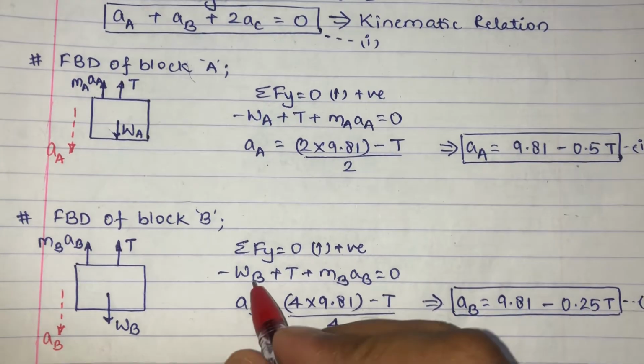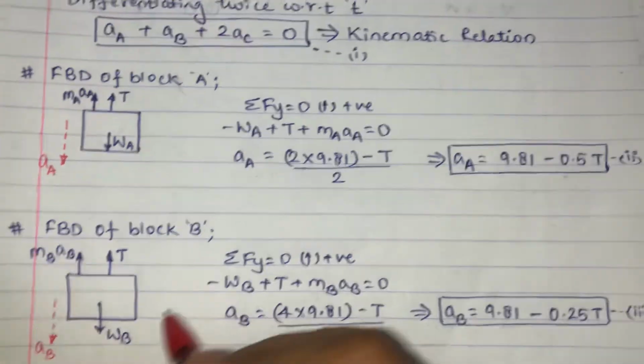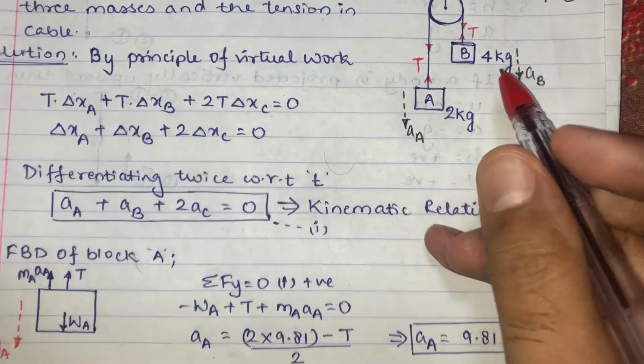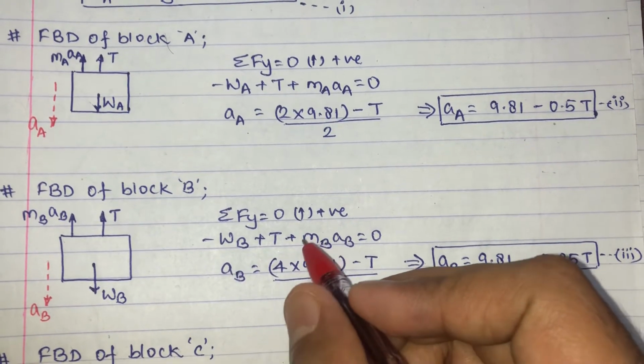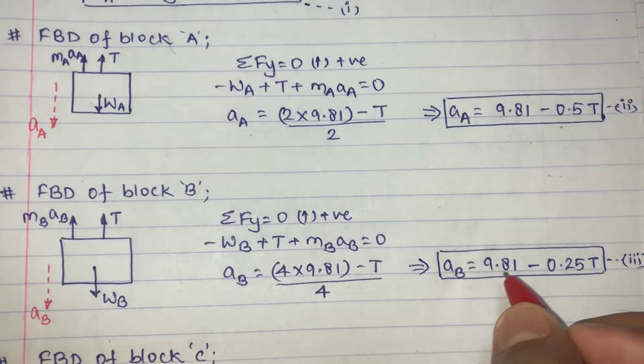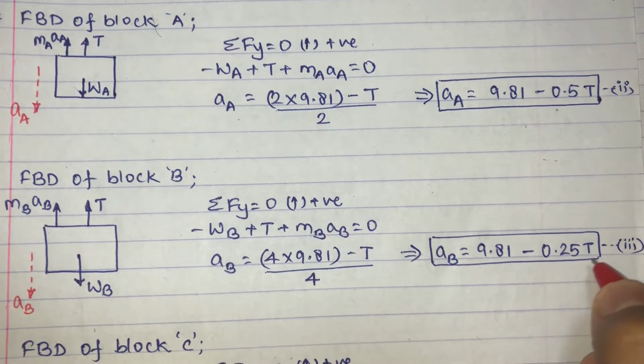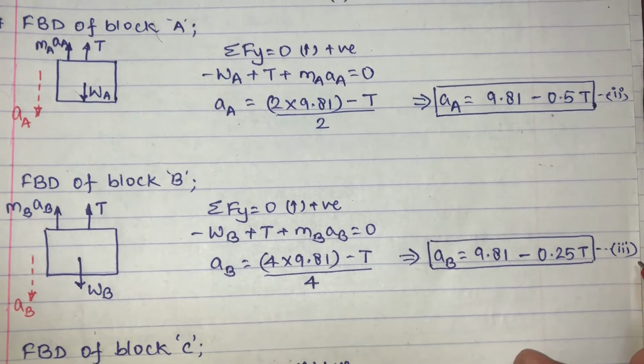So AB equals (WB minus T) upon 4, where WB is 4 into 9.81 as it is 4 kg. So AB equals 9.81 minus 0.25T. That is equation 3.